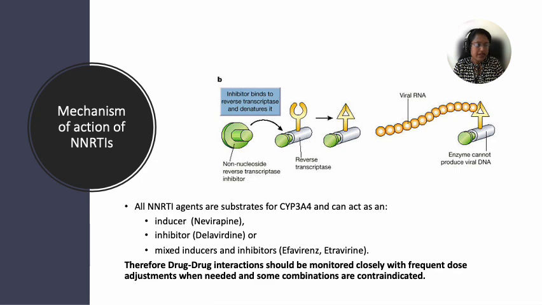All NNRTI agents are substrates of CYP3A4 and can act as an inducer, such as nevirapine, an inhibitor, delavirdine, or a mixed inducer-inhibitor, etravirine or efavirenz. Therefore, drug-drug interactions should be monitored closely with frequent dose adjustments when needed, and some combinations are contraindicated within this class.